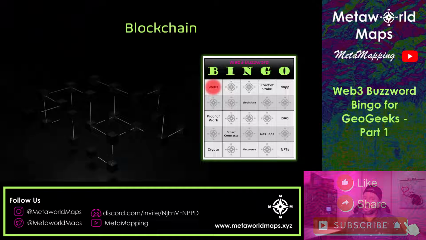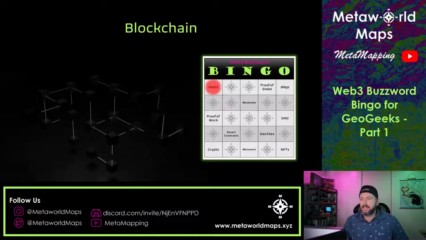Now, there are some new technologies that are really going to power Web 3. One of those is called blockchain. You hear blockchain a lot when you talk about cryptocurrencies and things like Bitcoin, but let's talk about what blockchain actually is and how this is really going to support these ideas of Web3.